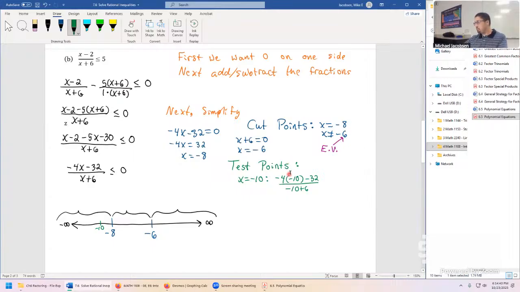So in the numerator, we have 40 minus 32. In the denominator, we'll get a -4. That means we have altogether 8 over -4, and that's less than 0, a negative.